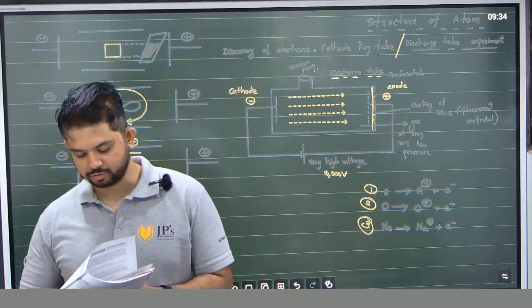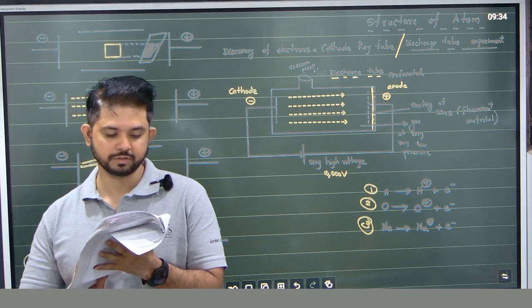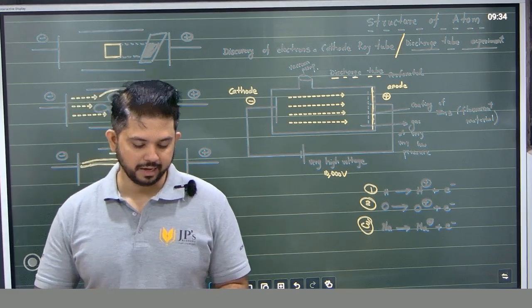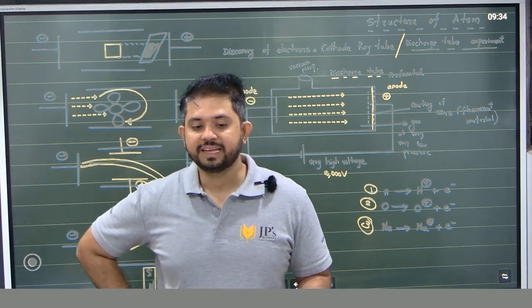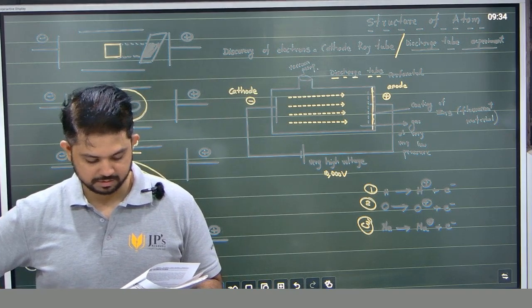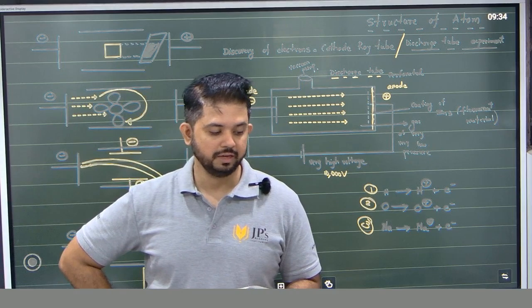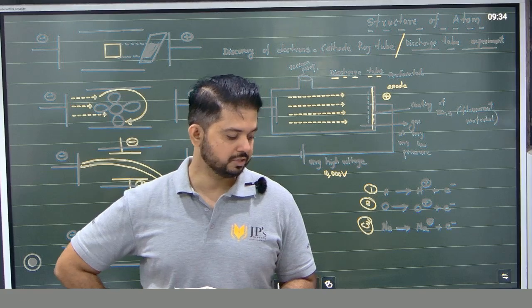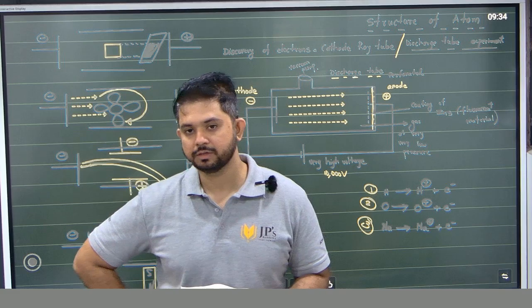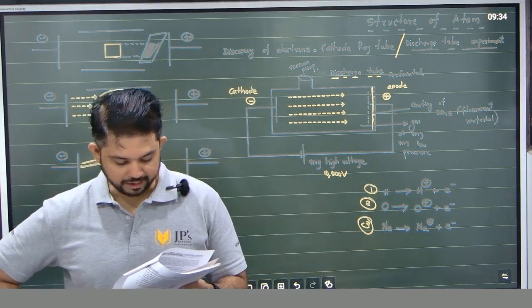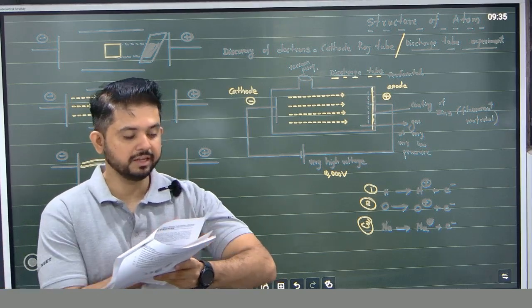The characteristics of cathode rays are independent of the nature of the gas present in the discharge tube and the material of the electrode.